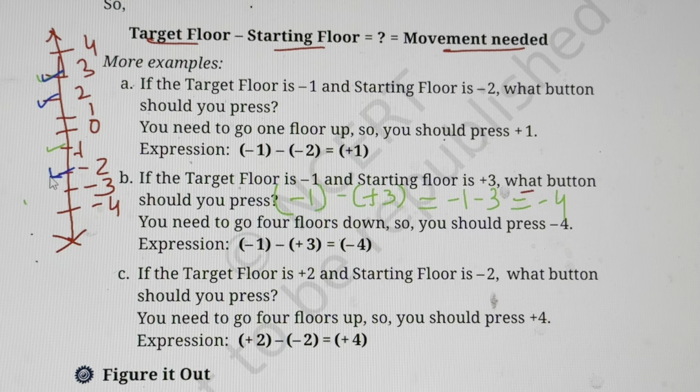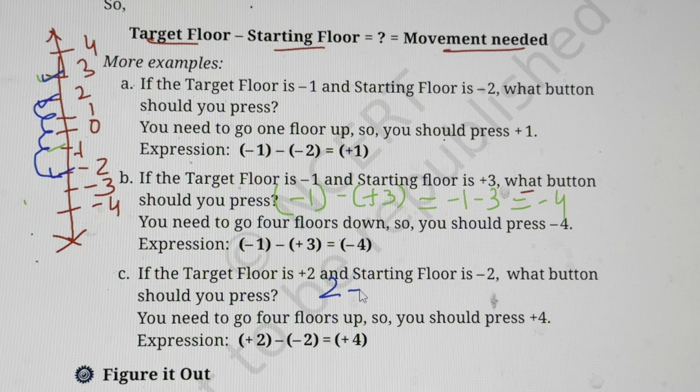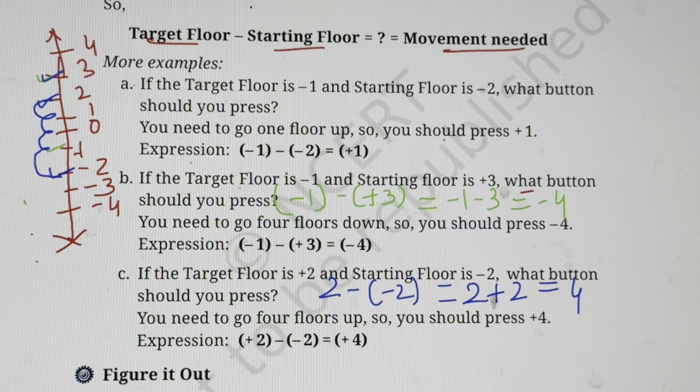So 1, 2, 3, 4 jumps. 4 jumps, but you are going up, so it would be positive 4. So 2 minus minus 2. Now, as I told you earlier, minus minus becomes plus. So 2 plus 2 is 4. Okay, so you should understand it both ways: the actual meaning of it and also how to do it directly using the rules.